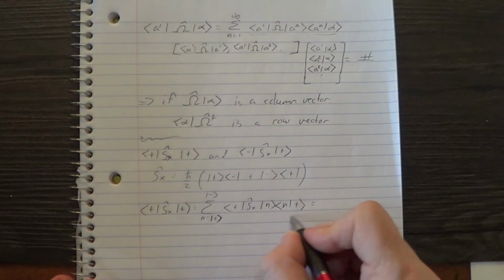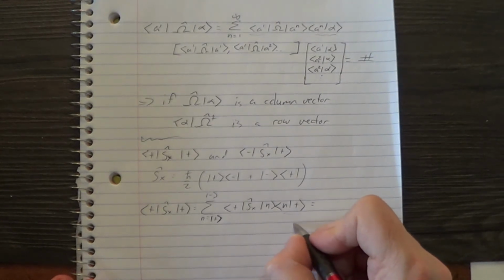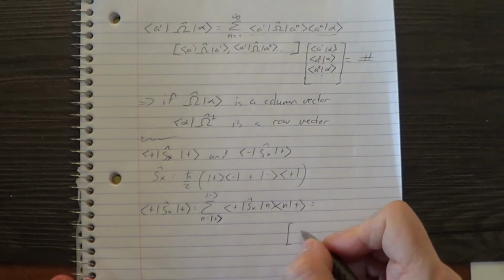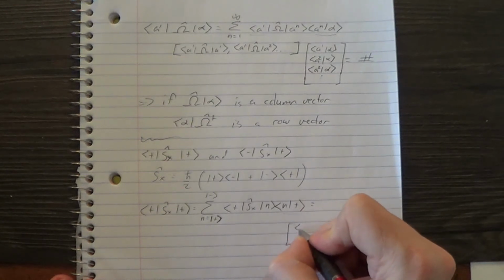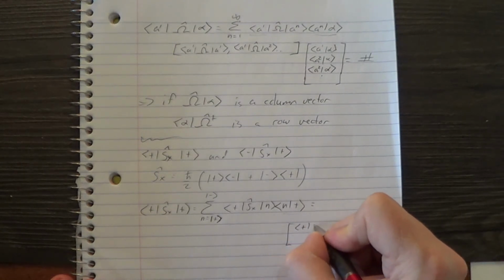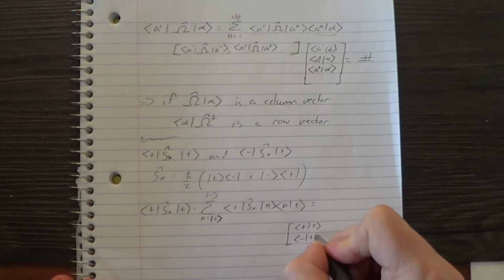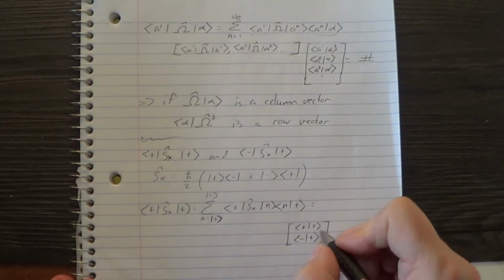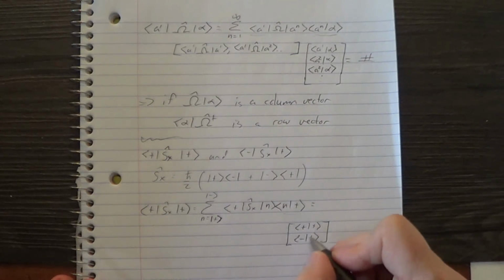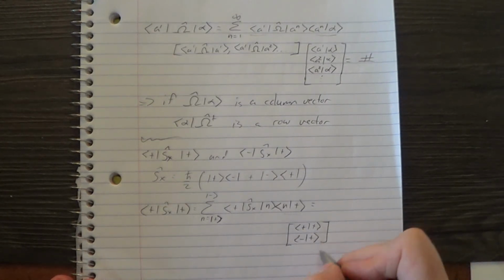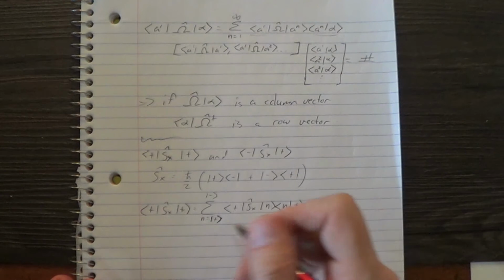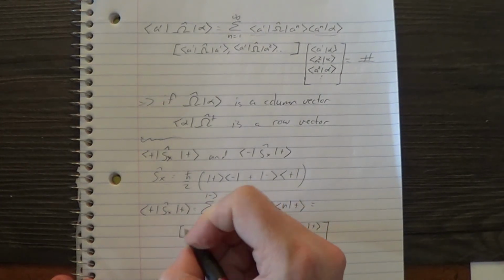Okay, now let's do this one first. I know that's a column matrix, and that will be 2 by 2. The first one is plus. I've defined the initial state as plus. The next element is minus, but the state I've created is plus. Okay, so there's the column. Now what about the row? I have to give myself a little bit more room.